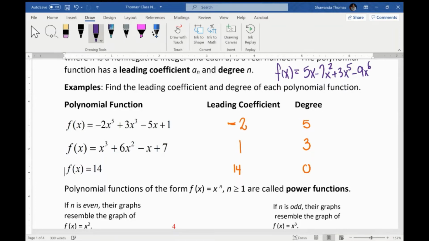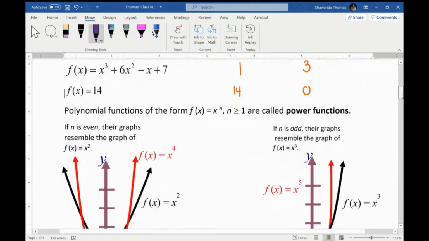Correct. -9 would be the leading coefficient, because what is the degree? 6. All right. Again, degree is the highest exponent. Let's move on, because sometimes it's not going to be in perfect descending order, so be careful about that.